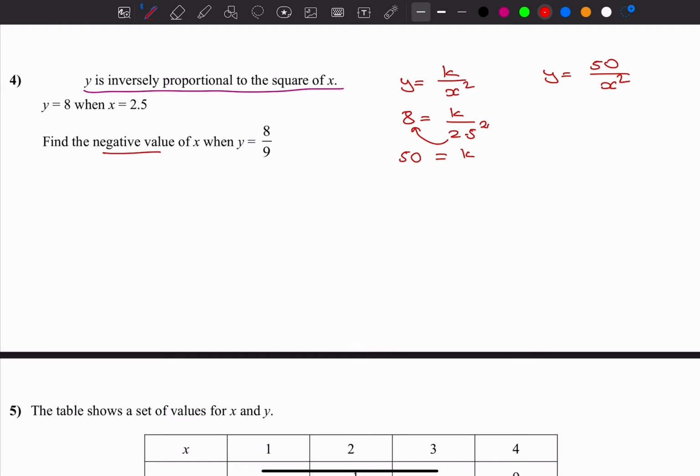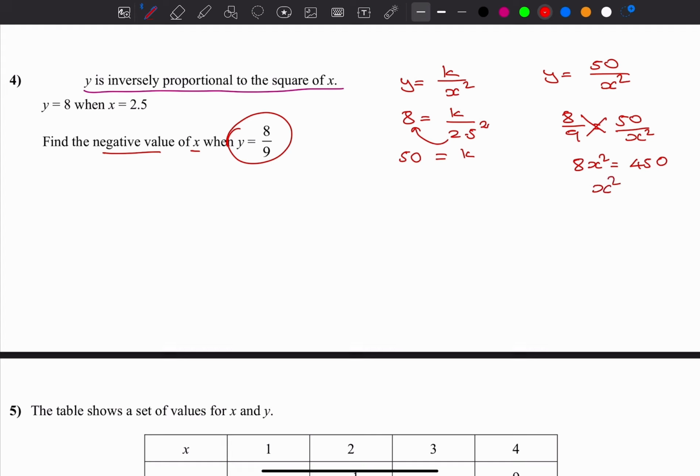Find the negative value of x when y is 8 over 9. Y is what now? 8 over 9 equals 50 over x squared. In order to solve it, I will cross multiply. That will give you 8x squared equals 9 times 50, which is 450.